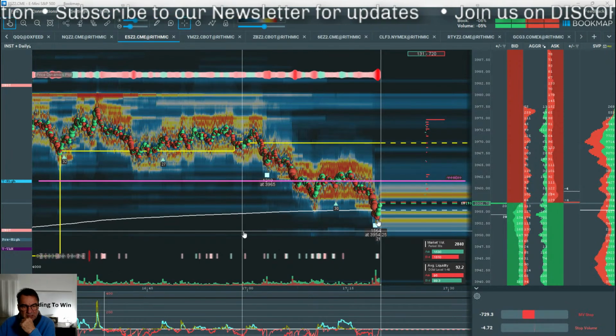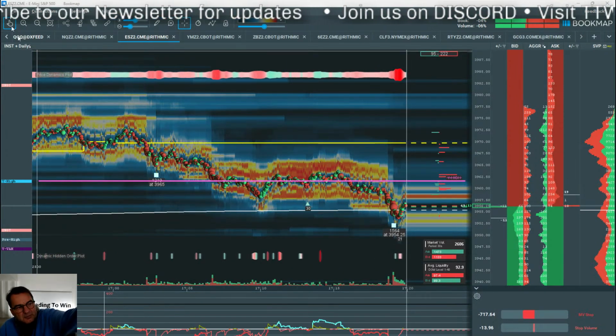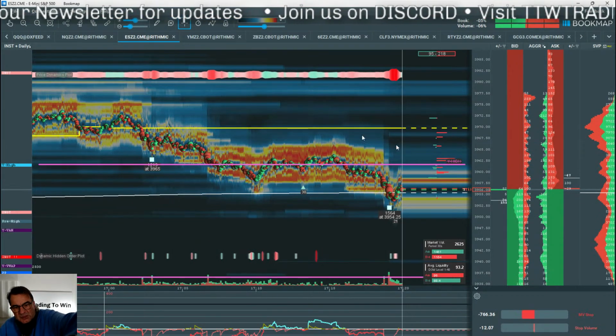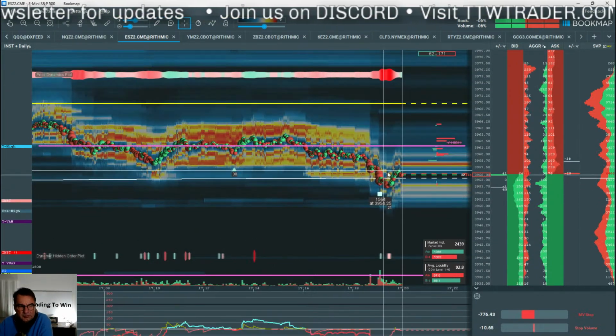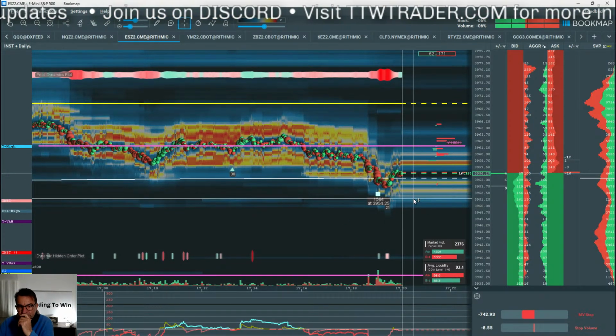Let's see how this price, oh yeah, that was a very nice one here. Missed that. How the price reacts at 51, or in this area here.